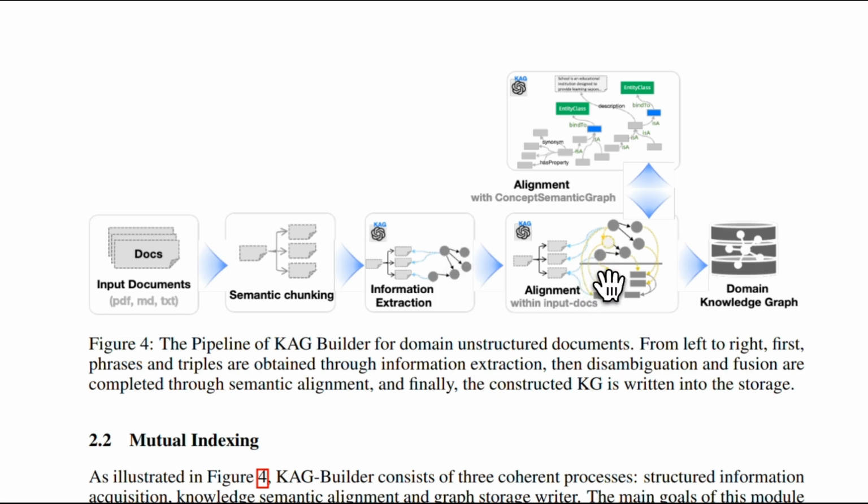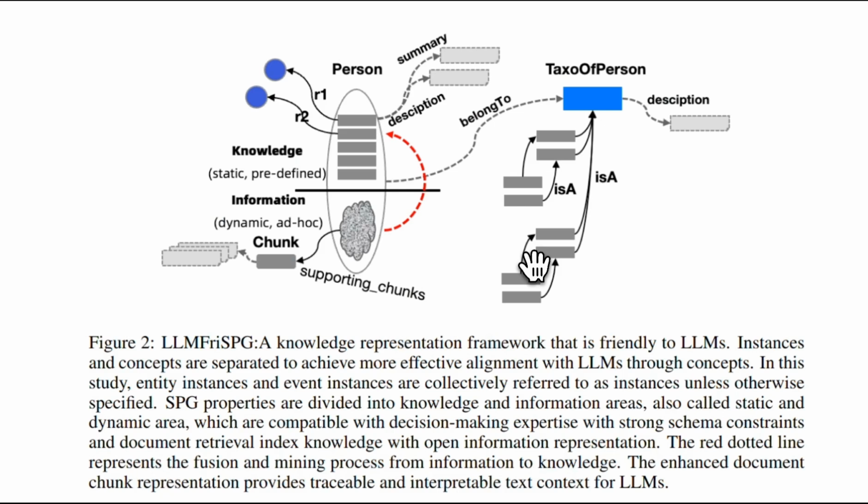Now, there is a special alignment process which removes ambiguities among these entities and standardizes them both within the documents as well as these knowledge models that are built in. Now, to understand those knowledge models, let's look at an example of an entity of a person. The person can have multiple different attributes.